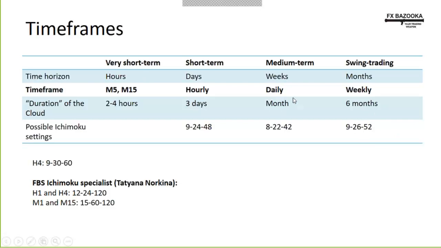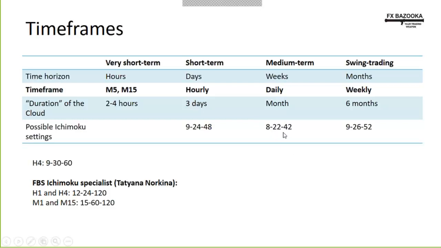If we are talking about medium-term analysis and the daily chart, the duration of the cloud is about a month, and here we have potential settings of the cloud 8, 22, 42. These settings are adjusted to the modern work week of 5 days.